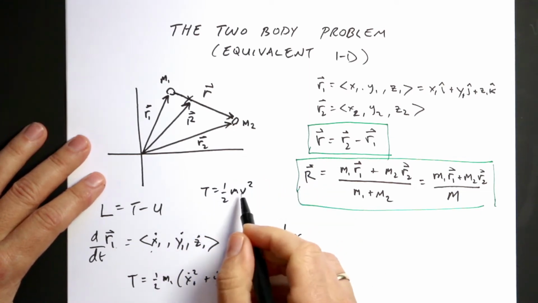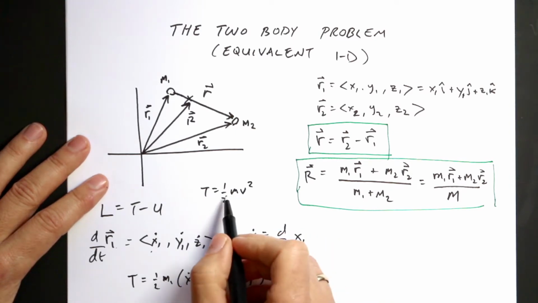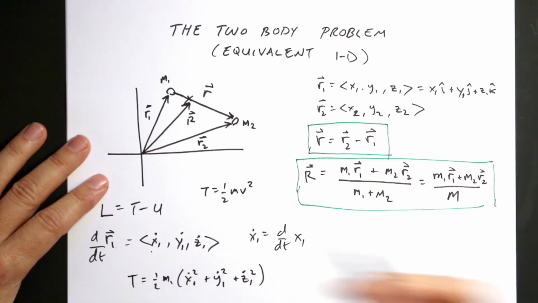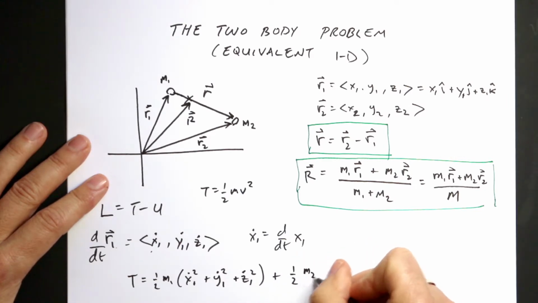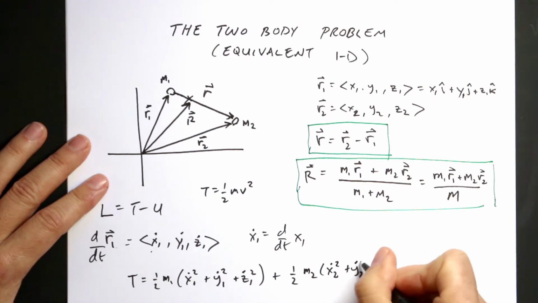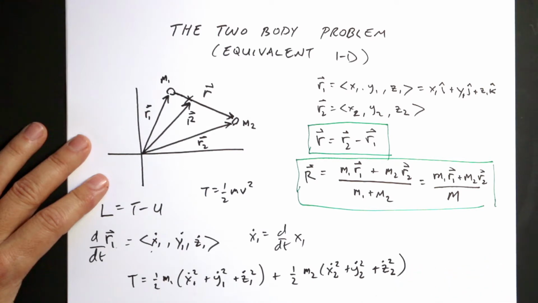So you have to find the magnitude of the velocity and then square it, because velocity is a vector. When I take the magnitude, I get x1 dot squared plus y1 dot squared plus z1 dot squared. I take the square root, but then I square it, so I just get that. And then the other term is 1/2 m2 times x2 dot squared plus y2 dot squared plus z2 dot squared. That's the kinetic energy.